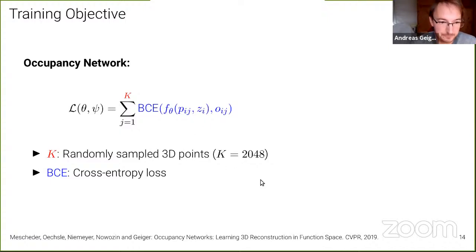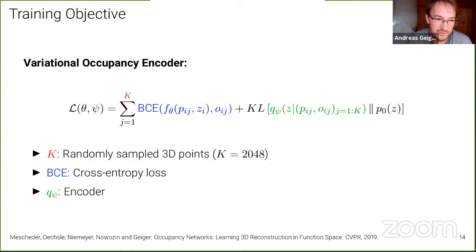In this case, this is a discriminative model. What we can also do is build a generative model. We call this a variational occupancy encoder. And it's basically just a VAE, which has a reconstruction loss.